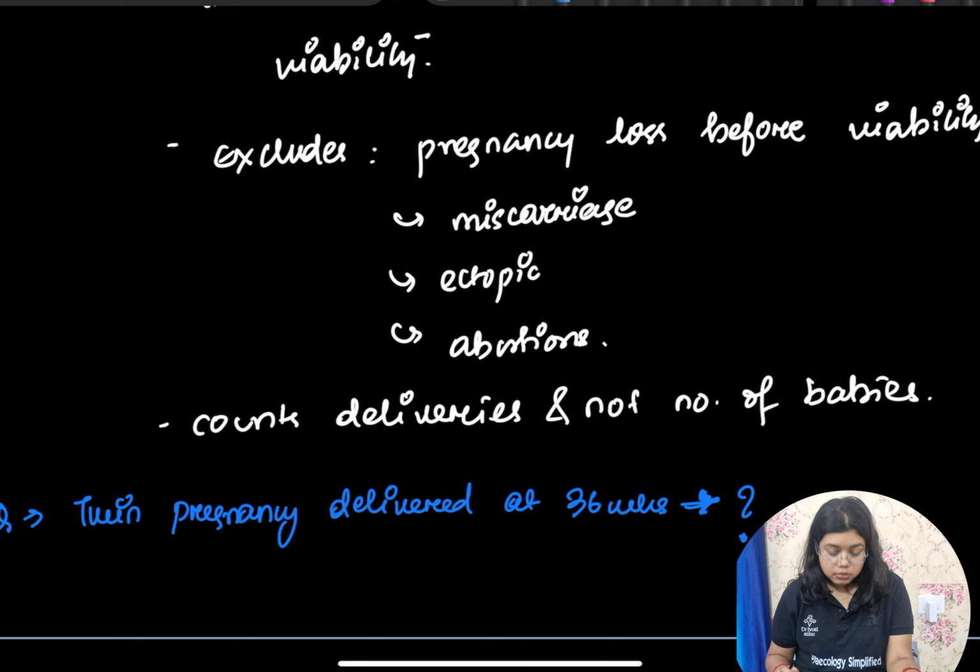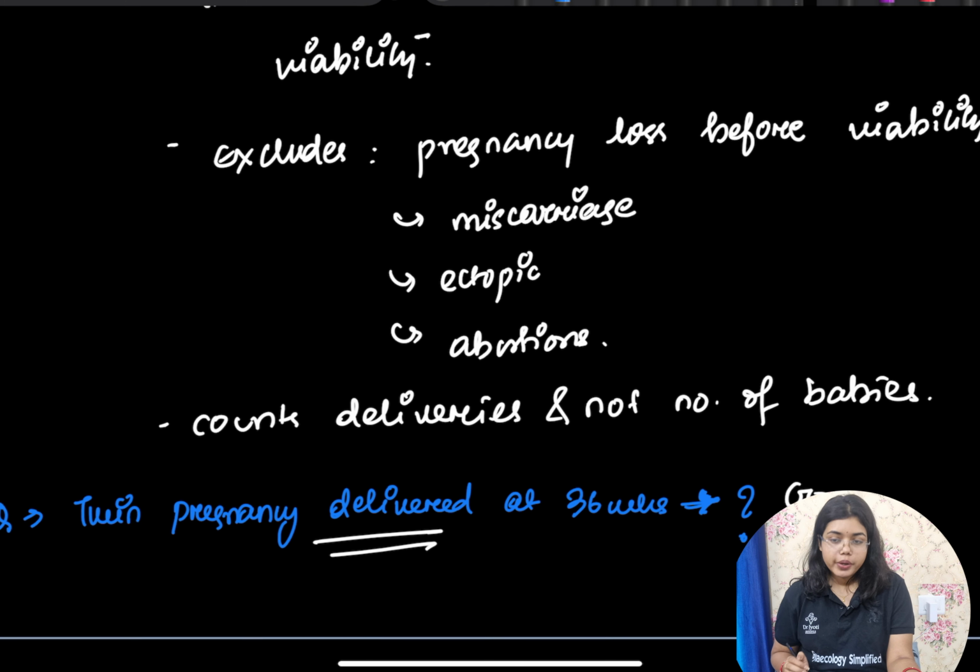What will be the obstetric index? Listen, first we have to know whether the question is mentioning the number of previous pregnancies, or whether the patient is pregnant now. No, the patient is not pregnant now, so gravida will be 0. Why? Because the patient has already delivered.